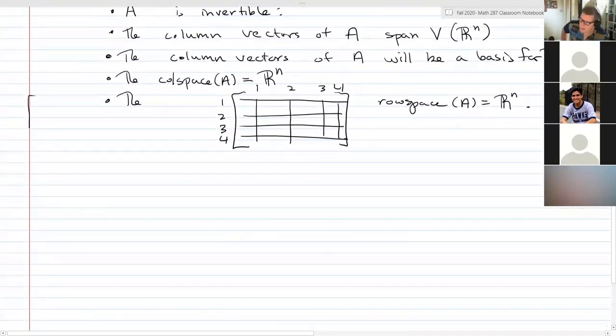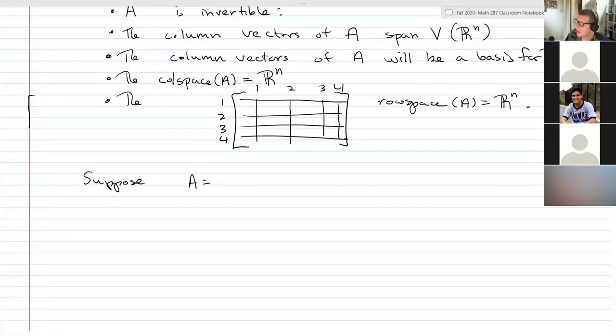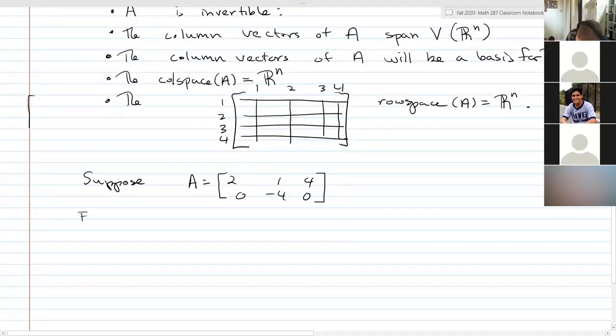Let's actually go in and suppose we had A equal to 4, 4, 0, negative 4, 0, okay? And we want to find the null space of A. This is just a reminder of what we've been doing.